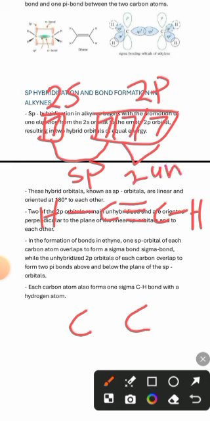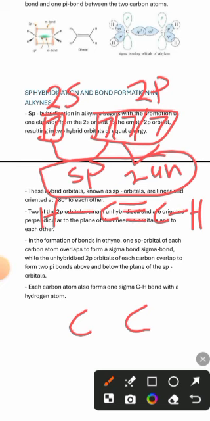So take note of this key point: we have two unhybridized orbitals in alkynes, that is, in the sp hybridization.